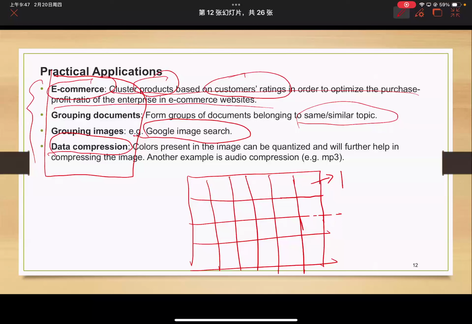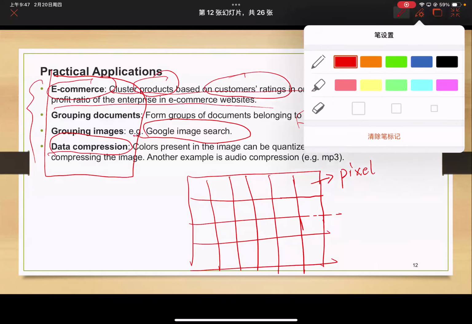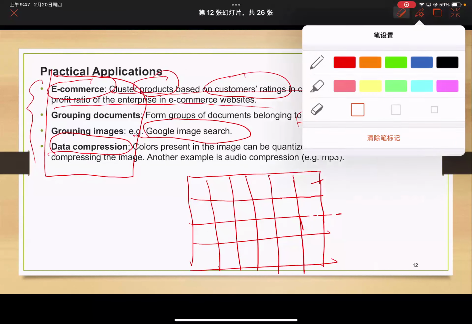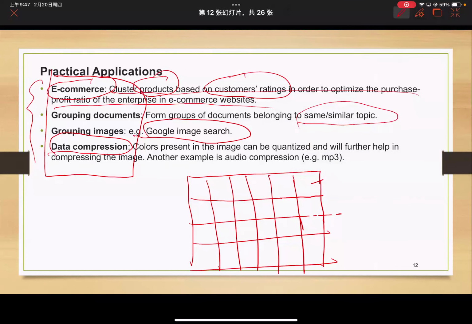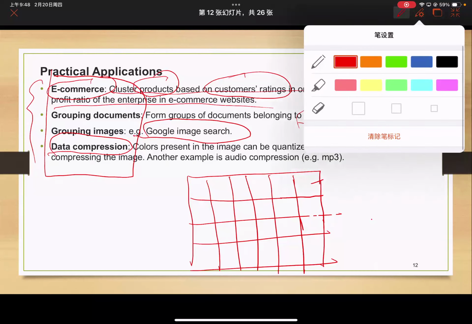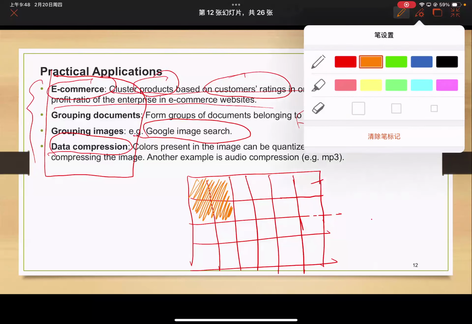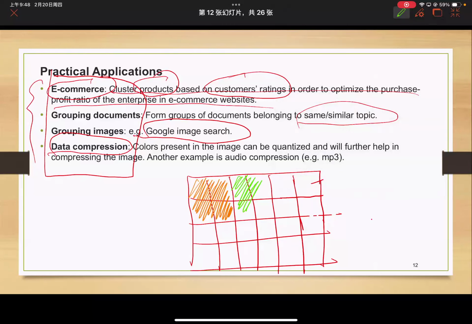Okay, suppose we have different pixels here. And then we find that, for example, these pixels are very similar. We put them in a cluster. And also these pixels are very similar. Then we have a different cluster of pixels.